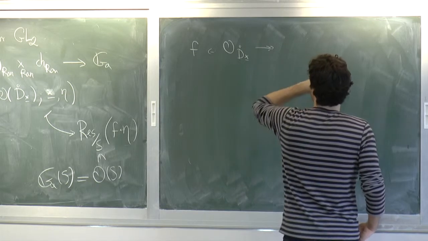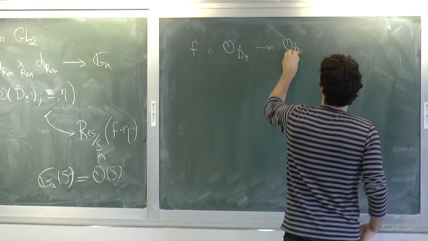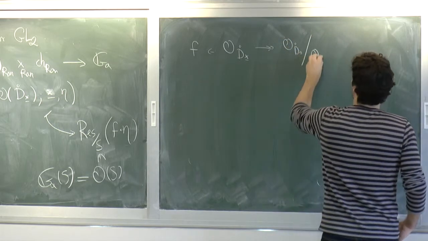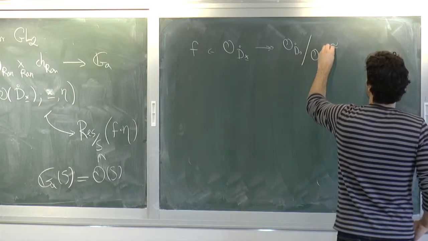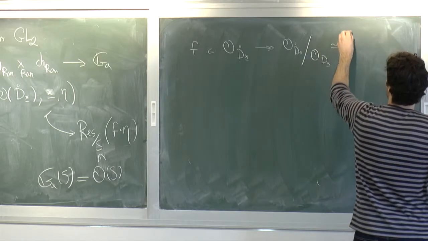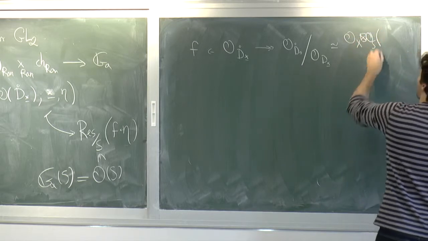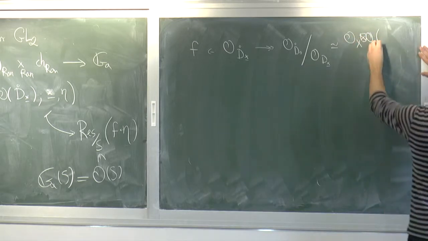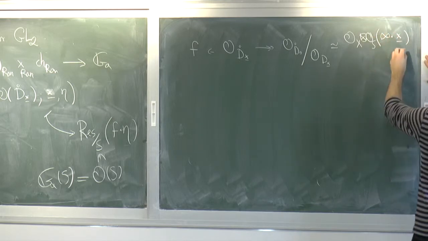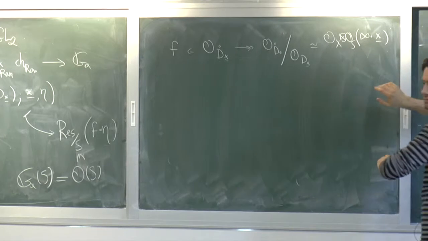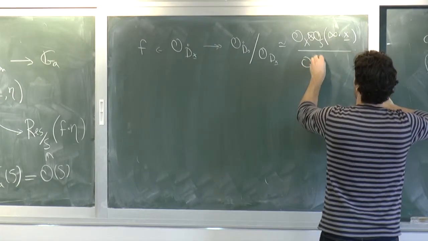I want to quotient it down to O of the punctured disk modulo O of the disk, and I can write this conveniently as O of X boxtimes O of S, but with a divisor at x, modulo this.